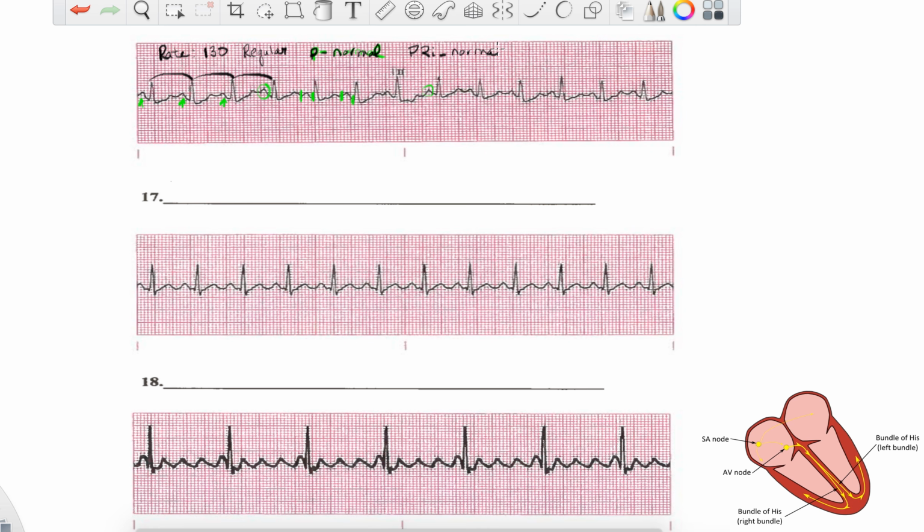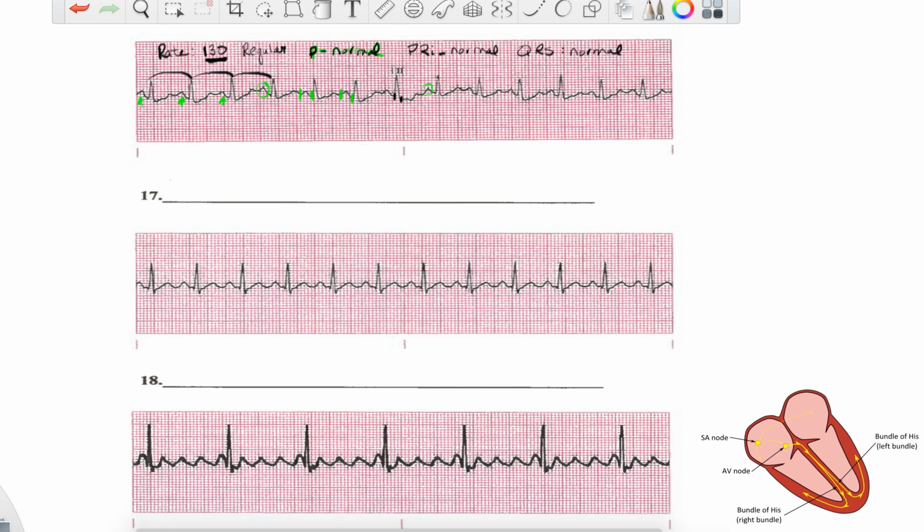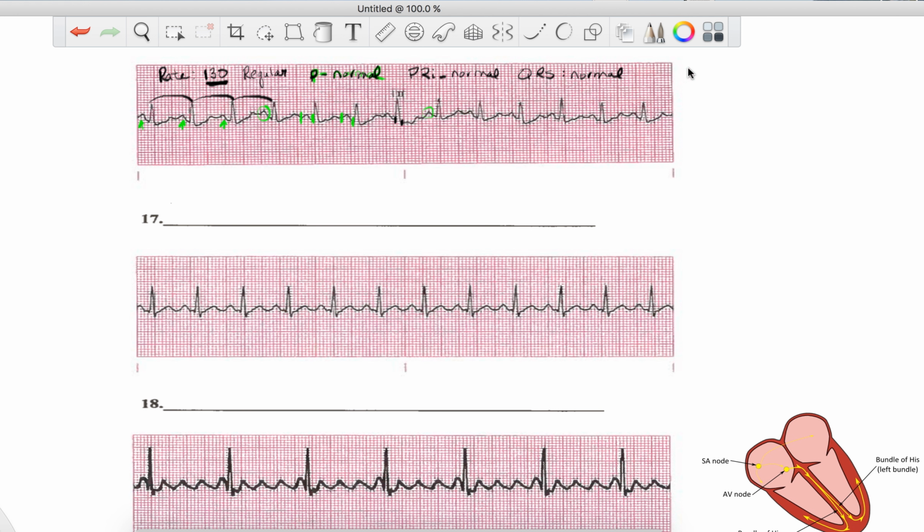And then finally we look at the last piece, which is the QRS, and we see that that's within normal limits. It's about 2 boxes. So really, what's the only thing that's abnormal in this? The rate. So this is a sinus tachycardia, because everything is normal except for the rate.